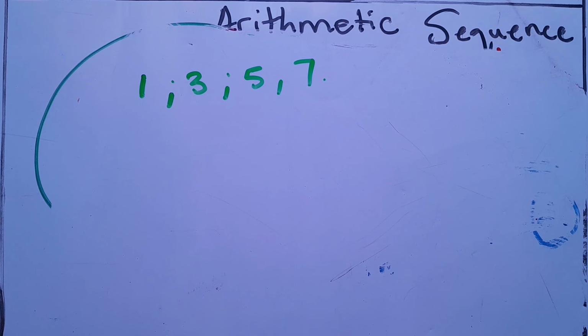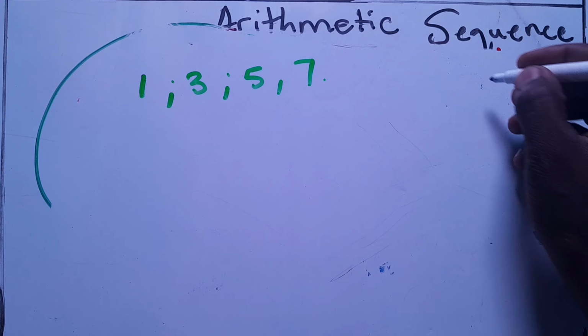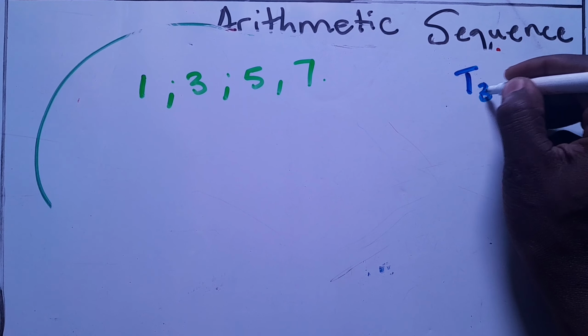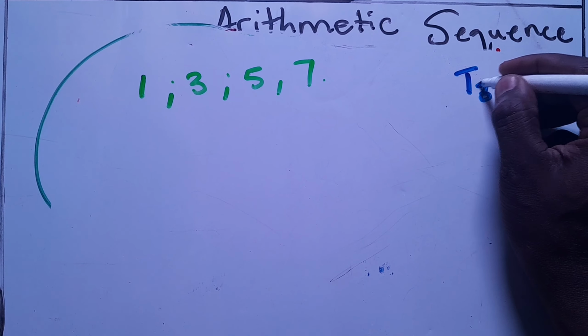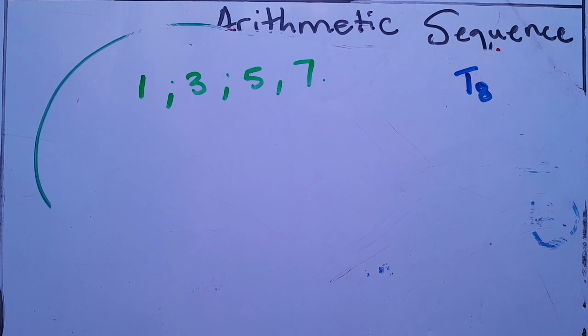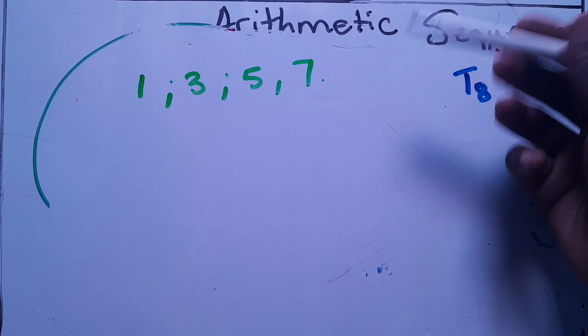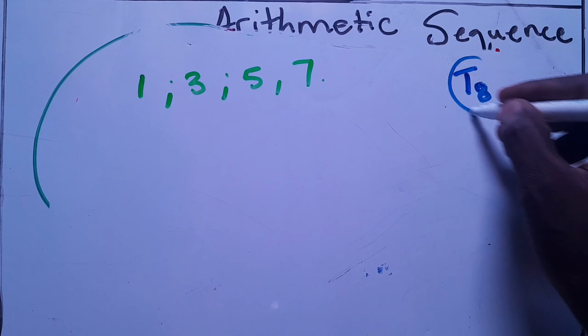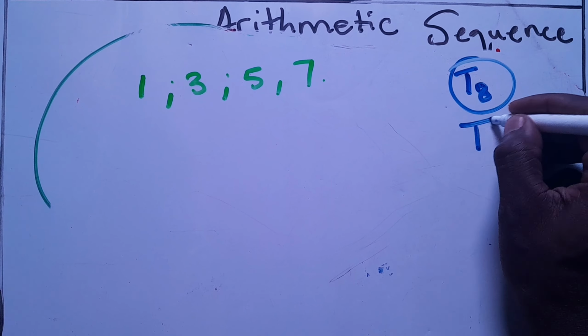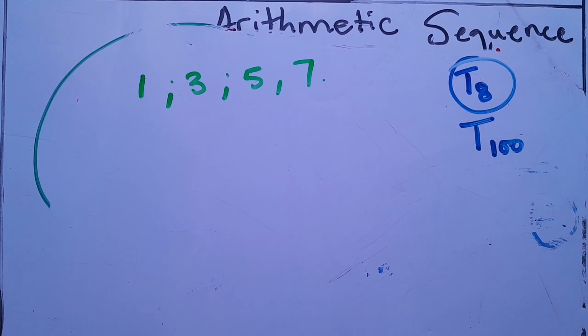So as we are having these consecutive terms like this, what can you do if I ask, what is the value of term number 8, for example? Can you find term number 8? Yes, it can be simple because this is term number 1, 2, 3, 4. You can continue up until you get to term number 8. But what about if I say, find me term number 100?